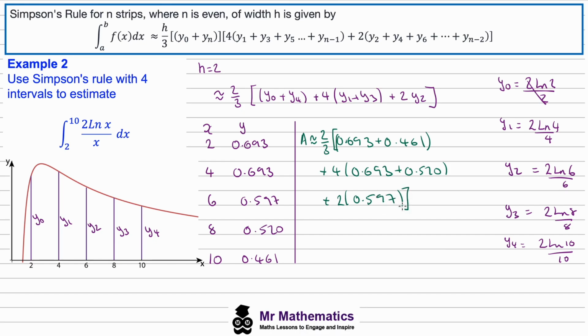Then we'll close that bracket. And when we work this out on our calculator, we get the area is approximately 24/5 units squared.